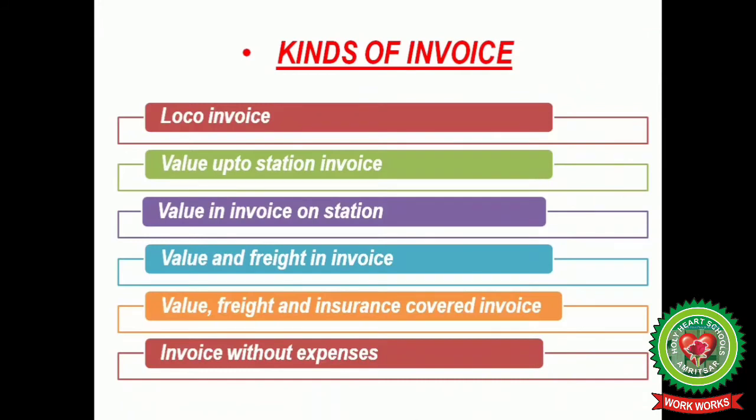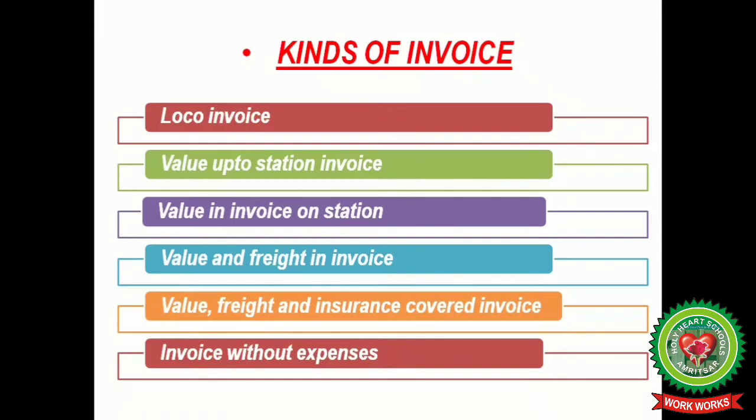So after that we have kinds of invoices also, like a loco invoice, value up to station invoice, value invoice on station, value and freight in invoice, value freight and insurance covered invoice, invoice without expenses. Means these kinds of invoices are prepared by the sellers. Loco invoice means a simple invoice that is prepared by the seller and given to the buyer.